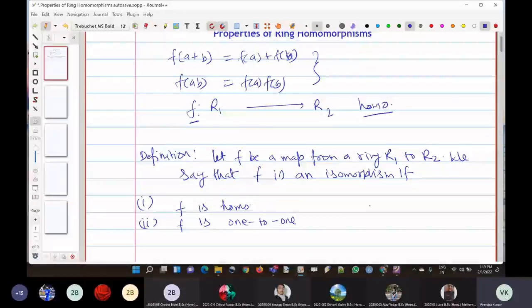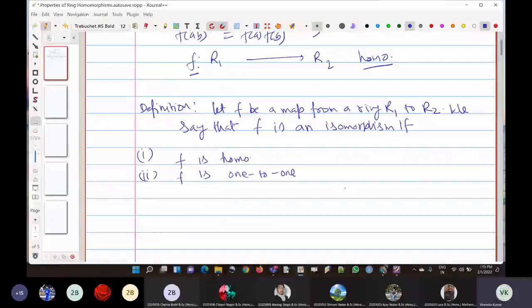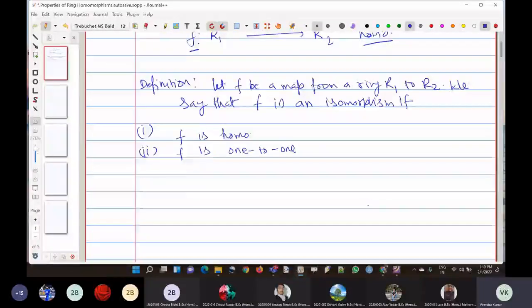So here we are claiming that f is an isomorphism. We are not saying that R1 is isomorphic to R2. When we say that R1 is isomorphic to R2, then it should be onto also.